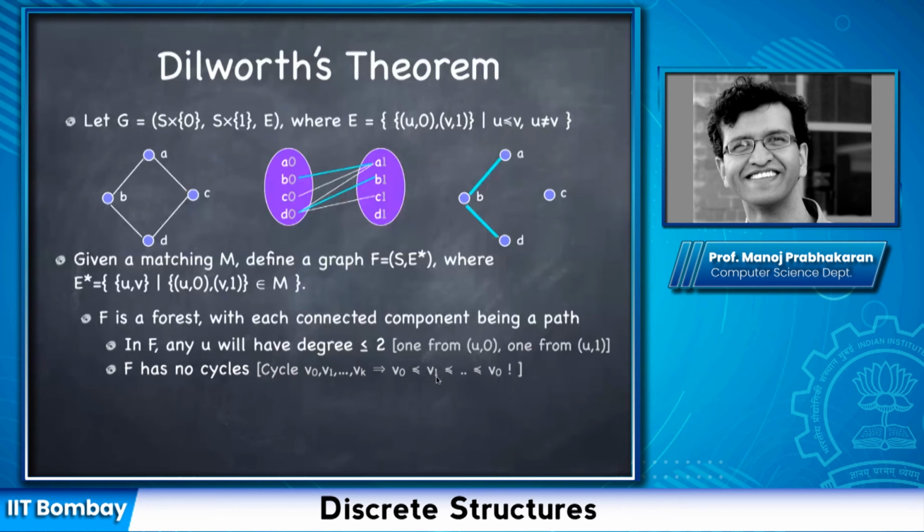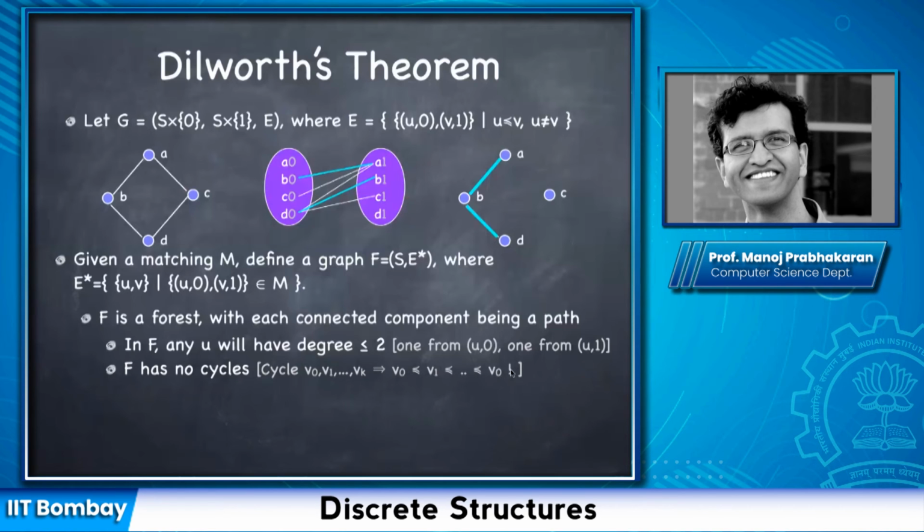It has to be of the form V1 less than or equal to V2. Otherwise, if you had V0 less than or equal to V1 and V2 less than or equal to V1, then it would be the right-hand copy of V1 that has two edges in the matching, which it cannot. So if V1 has degree 2, then V0 is less than or equal to V1 and V1 is less than or equal to V2.